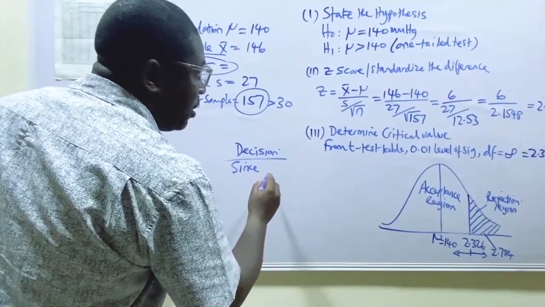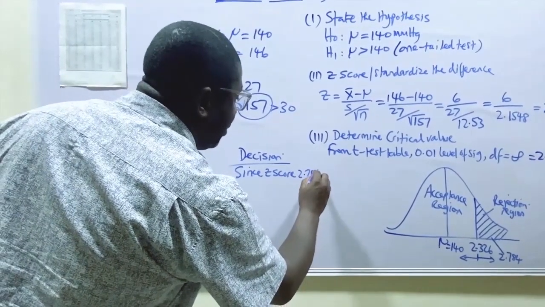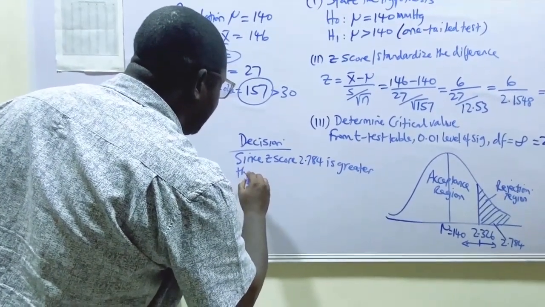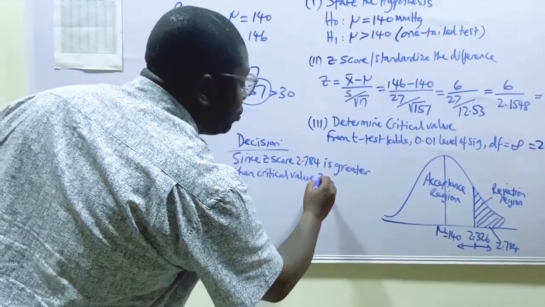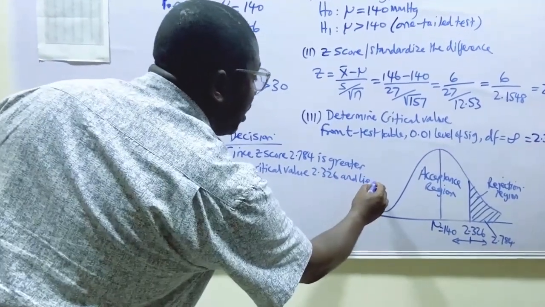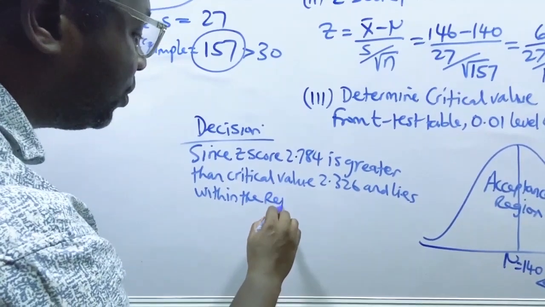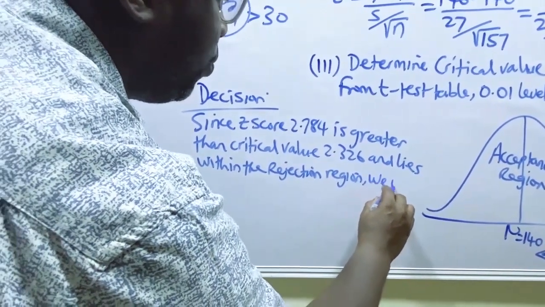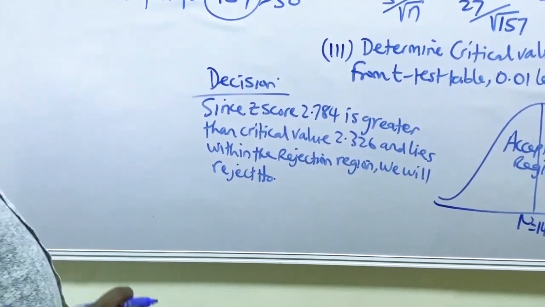Since the Z-score 2.784 is greater than the critical value 2.326 and lies within the rejection region, we will reject the null hypothesis H0.